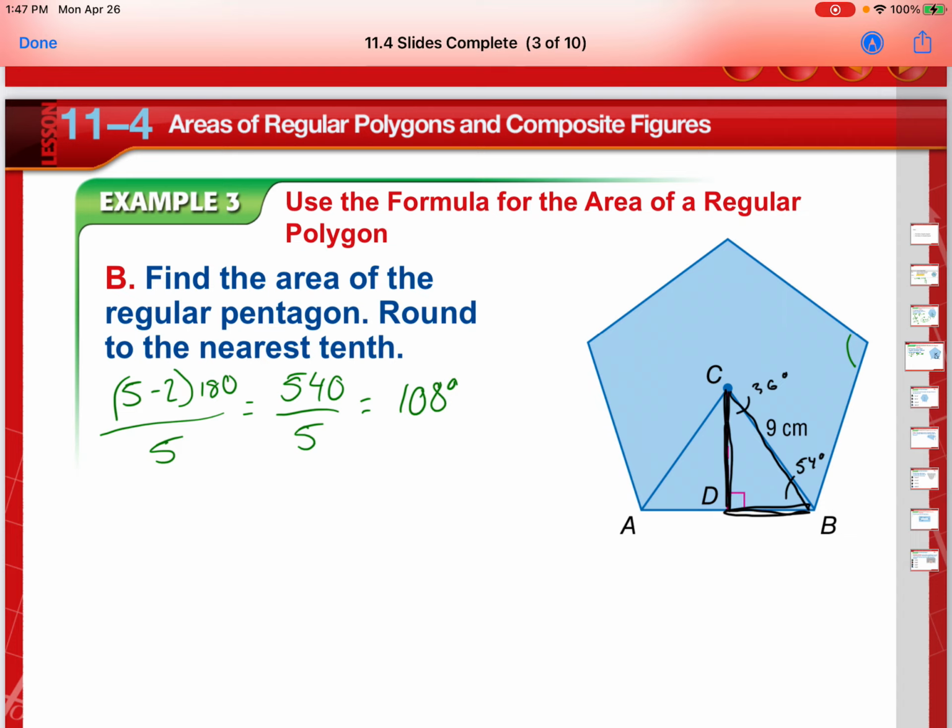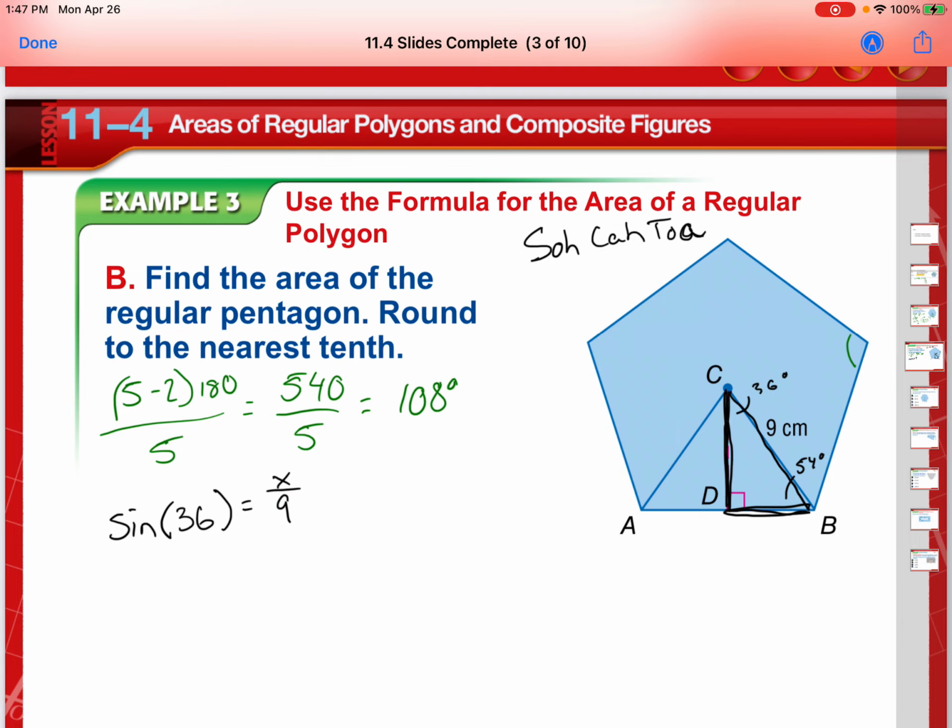So what I would say is using SOHCAHTOA, if we remember SOHCAHTOA, it wasn't that long ago. We're going to be using a lot of stuff that we learned a while ago, and so this is where it really comes in handy to have good notes. And I want the opposite side and the hypotenuse, so I'm going to use sine of 36 is going to be my opposite, x, over my hypotenuse of 9.